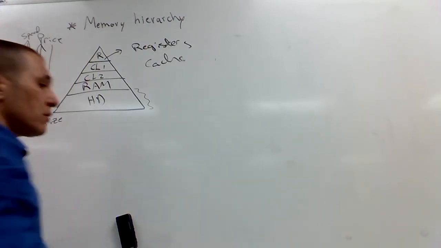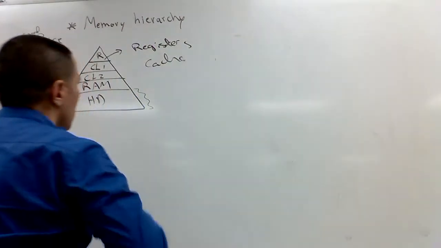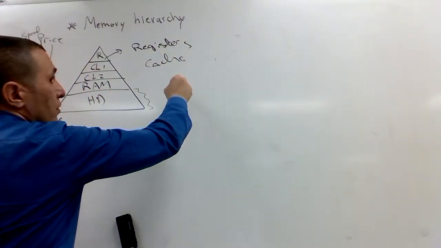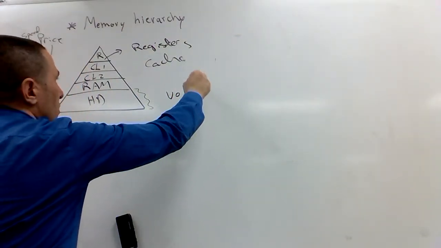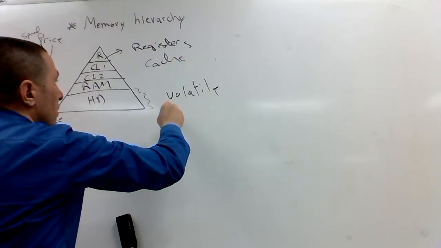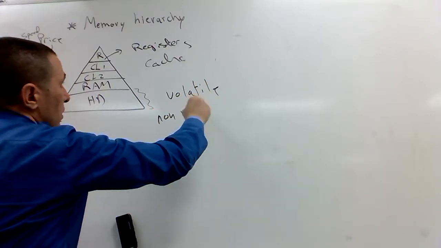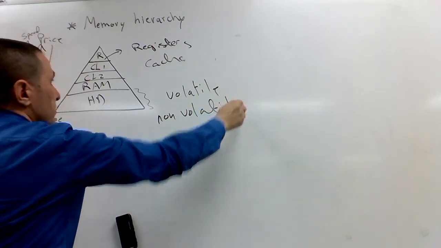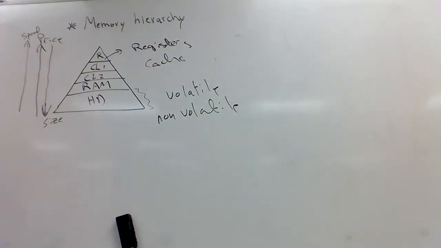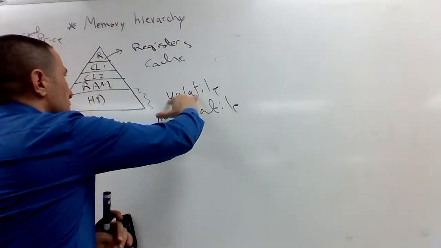This is what's called volatile or non-volatile memory. Meaning what? A volatile memory in a computer is a storage that only maintains its data while the device is powered.